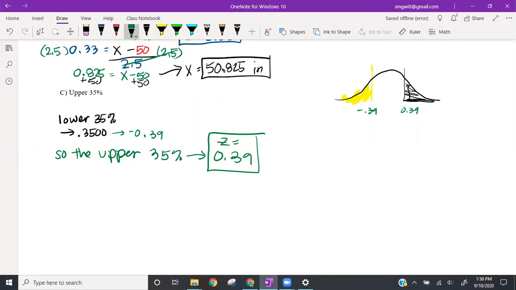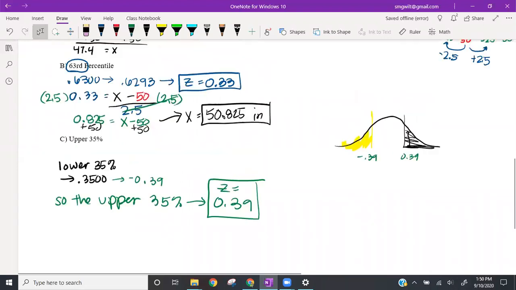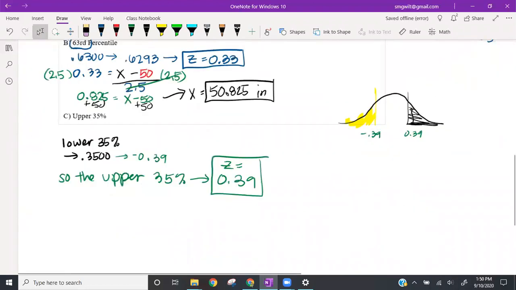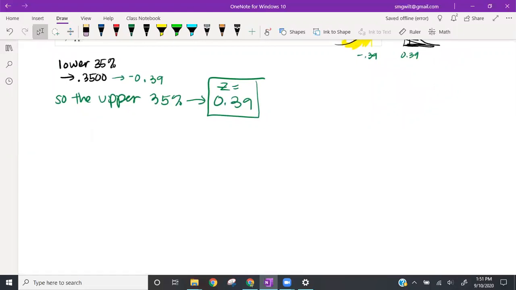So then if I want to find the data value, so if my value is here between 0 and 1 again, my data value should be between 50 and 52.5. So I have to use that same formula. So my z-score is 0.39 is equal to the x value minus the mean of 50 divided by the standard deviation of 2.5.